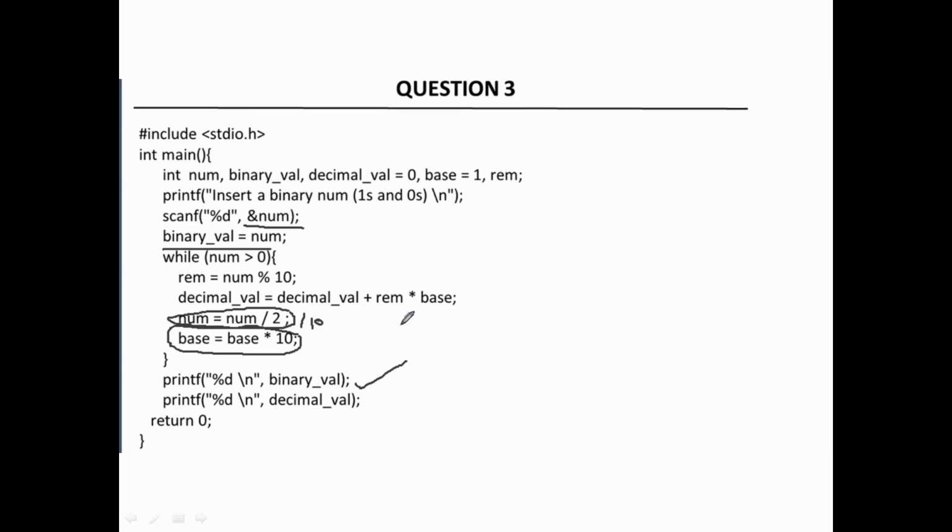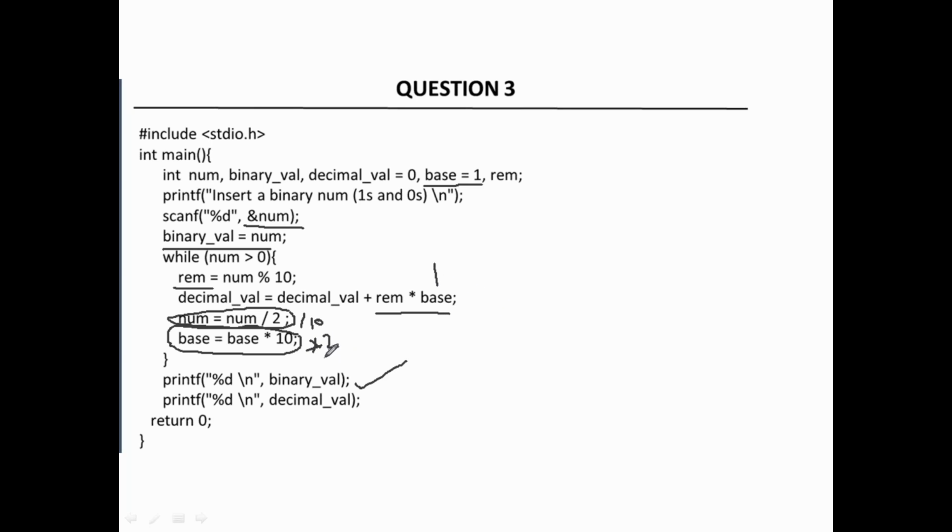Now we observed the power program, right? So using a power inbuilt function is not allowed. So that's why we did it like this. We took the base value 1, and we get the remainder value, right? That remainder value we multiply with the base here. And next, the base value we increment here. So we get it like this: base multiplied by 2 more each time. Initially the remainder value multiplies with 1 here.